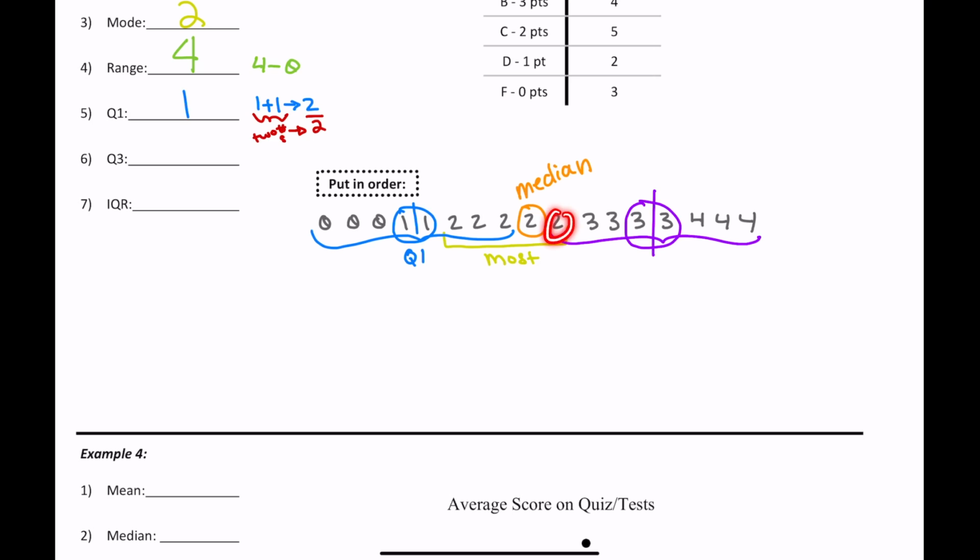Well, look, I got 1, 2, 3, and then I got 1, 2, 3, remember? And then 1, 2, 3 from earlier, okay? Middle 2. So this is where my Q3 is happening. So just like before, I do 3 plus 3, which gives me 6. And then I take 6 and divide it by 2, and I get 3 for my answer.